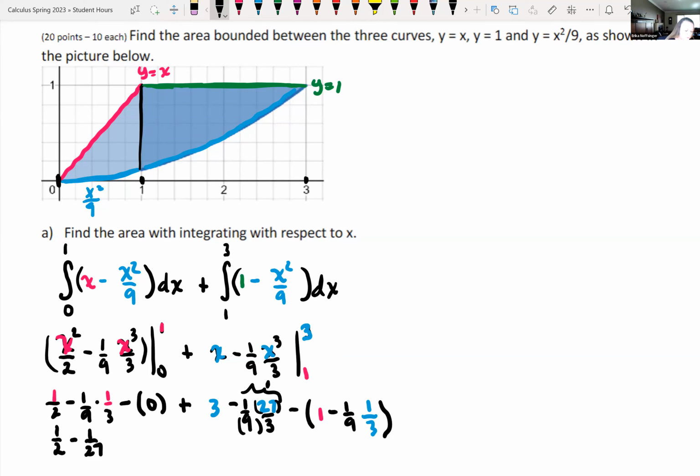So I have 3 minus 1 in this piece, and 3 minus 1 gives us plus 2. And then distributing our negative sign, I get minus 1 and then plus 1 over 27.